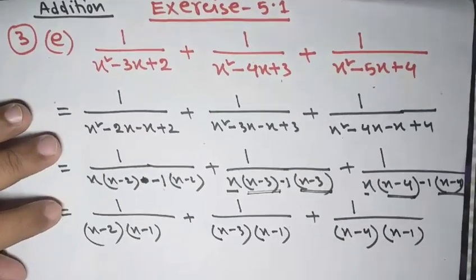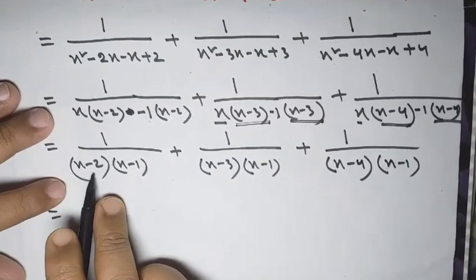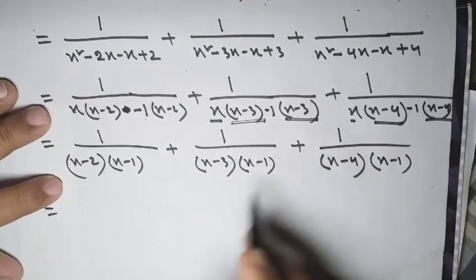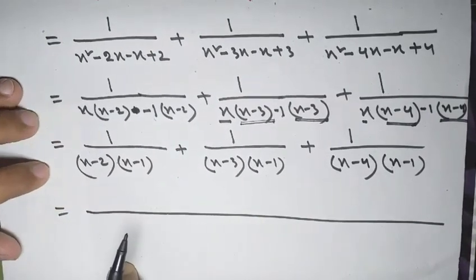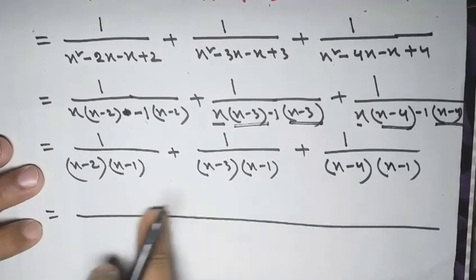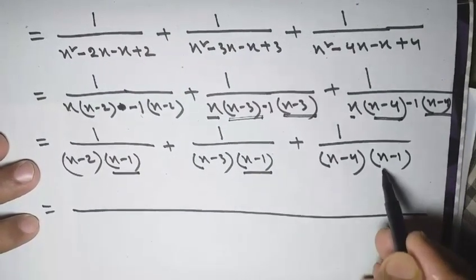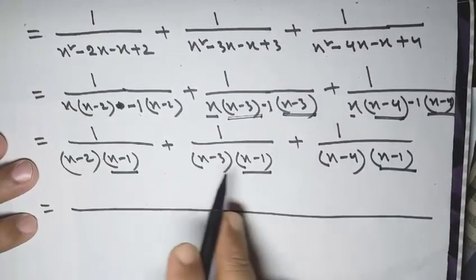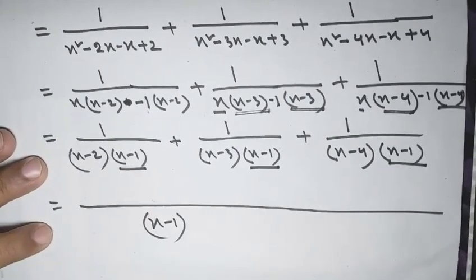Now the second step, we will do the LCM of the denominators of the first, second and third terms. So first we will draw a line. According to the LCM rules, the common one we take only one time, so x minus 1, x minus 1 and x minus 1. x minus 1 is 3 times here, so we will take it only one time.